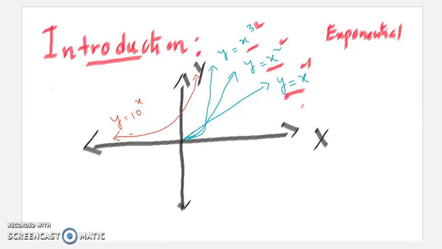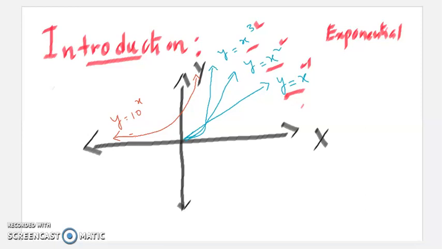Observe this graph clearly. Which grows higher? Yes, you are absolutely right. The exponential function, the red color curve, grows higher than the blue color curves, the polynomial functions of different degrees.